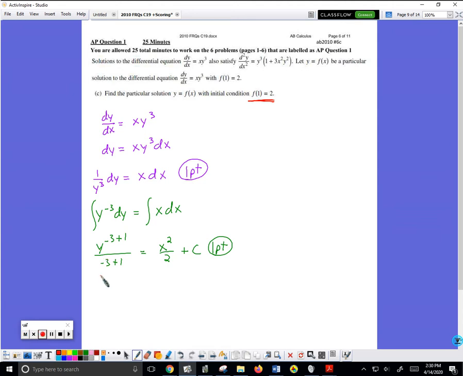So this is y to the negative 2 divided by negative 2. This is x squared over 2 plus a constant. The negative 2 cannot change, so this is going to become 1 over negative 2, or negative 1/2. This will become 1 over y squared.